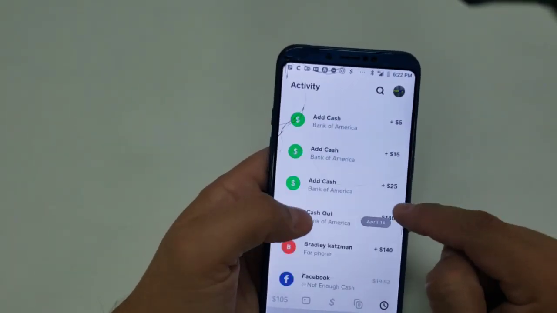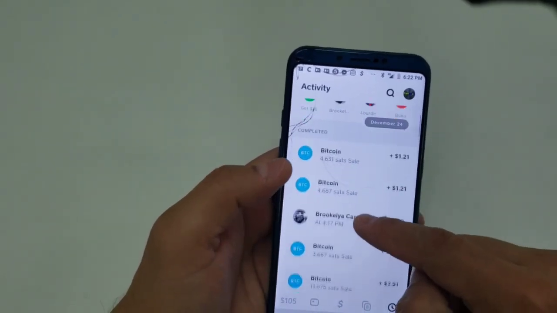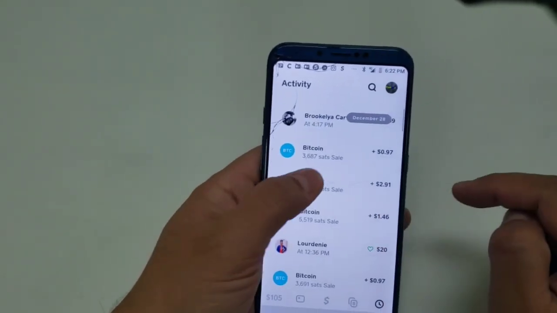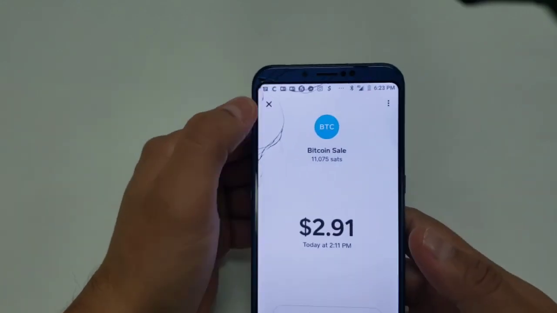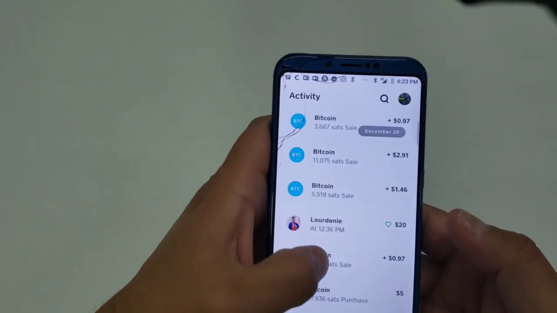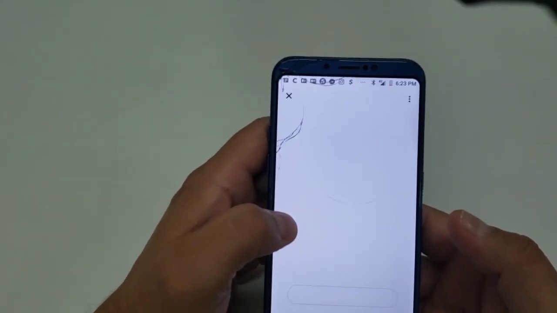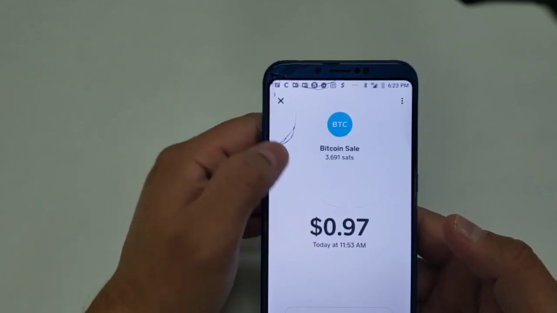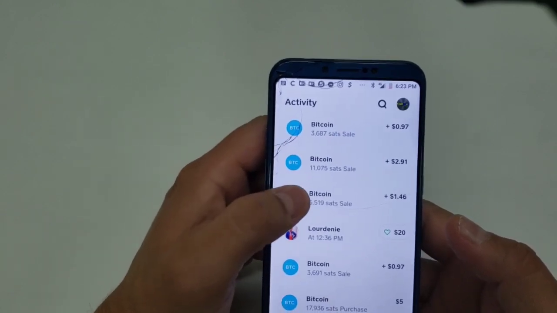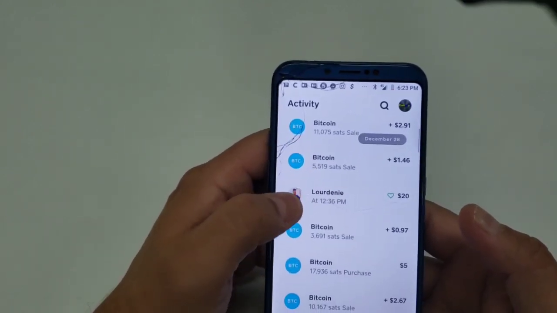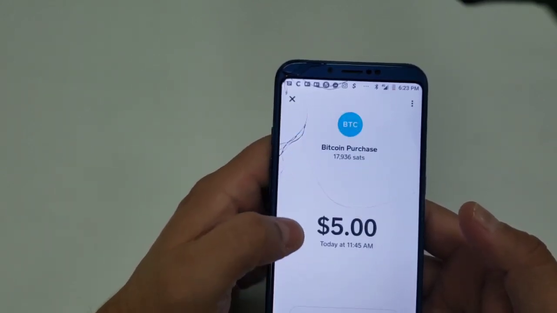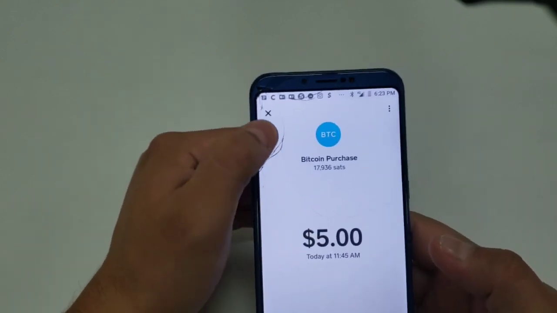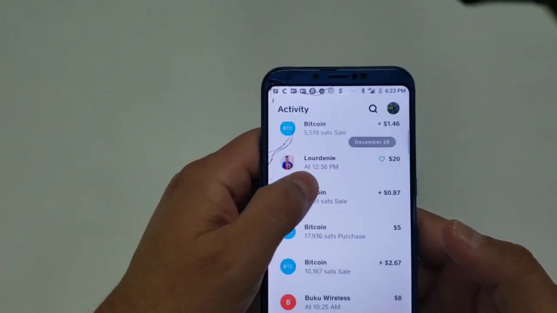Gotta use the other finger when you press this. At 11:53 a.m., $1. So that's like 2, 3, 4, $5. Here's another one, 11:45, $5. Okay, whatever that adds up to.